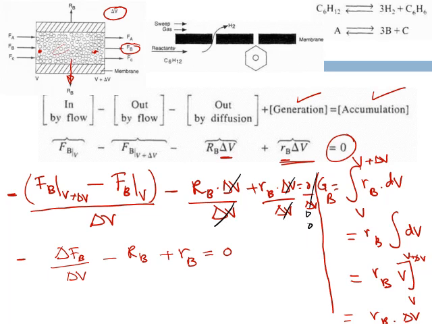This RB is the rate of production of B per unit volume. But still, I did not convert it to a differential equation. How do you convert it? Well, you take the limit where delta V approaches 0, right? And then this will be switched to a differential equation.